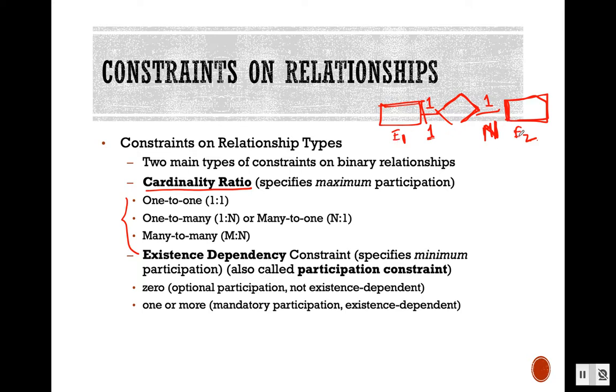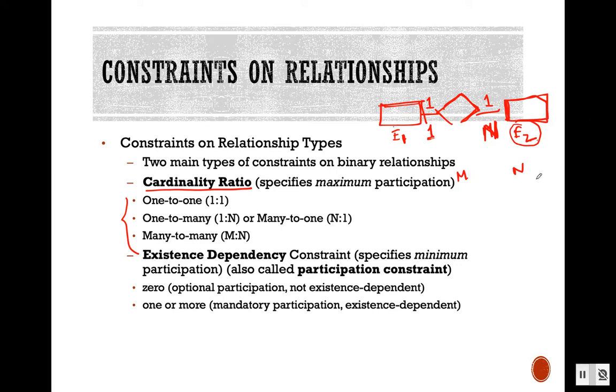Vice versa, multiple entities from E2 type can participate with only one entity of E1 type. And M to N is the many to many relationship: many entities from E1 type can participate with many entities from E2 type.